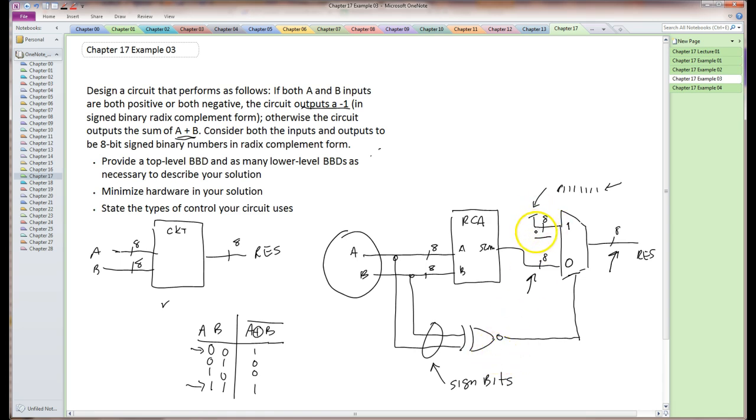If they're the same, it selects the -1 anyway, which means if they're different, this value is always going to be valid, because anytime I add two numbers of different sign, the magnitude is going to shrink. Therefore, it's always going to be in a valid range. So the answer is always going to be valid. So a little clever little problem, has some kind of intricacies in it that you should be aware of.